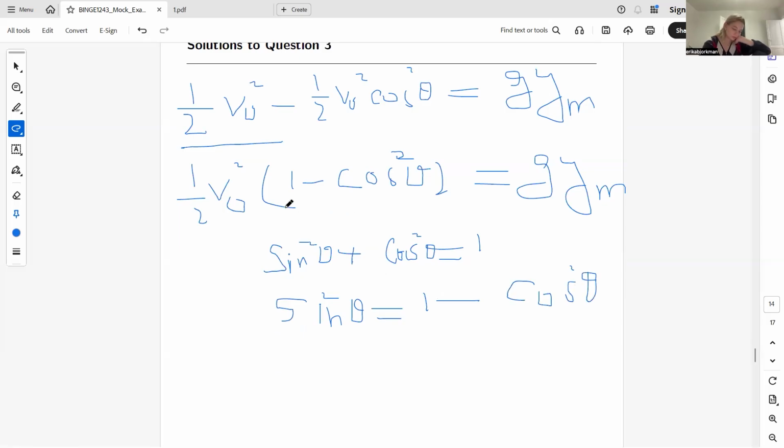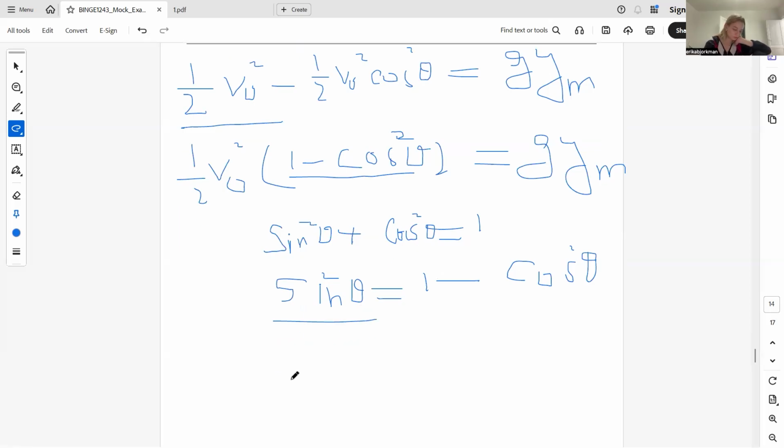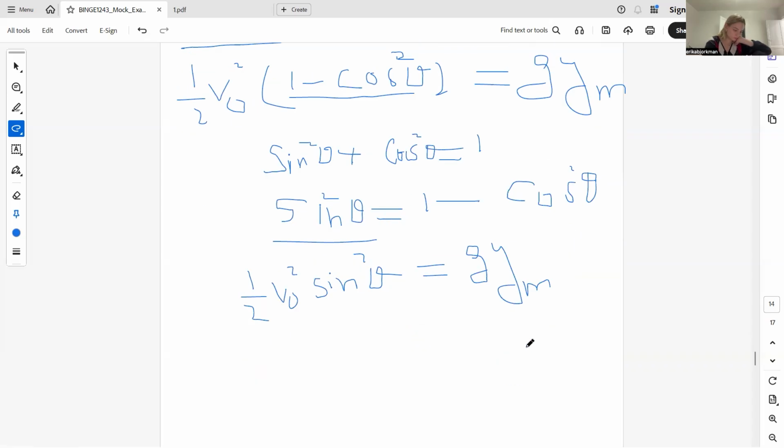Then what should I do? I can replace this by sin square of theta. Then our equation will become 1 by 2 v naught square sin square theta is equal to g ym.